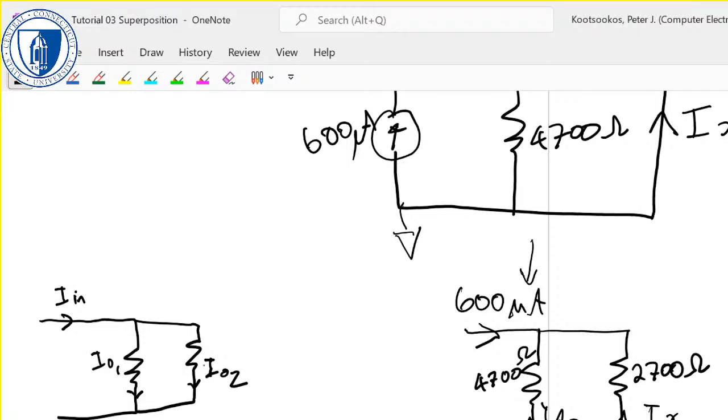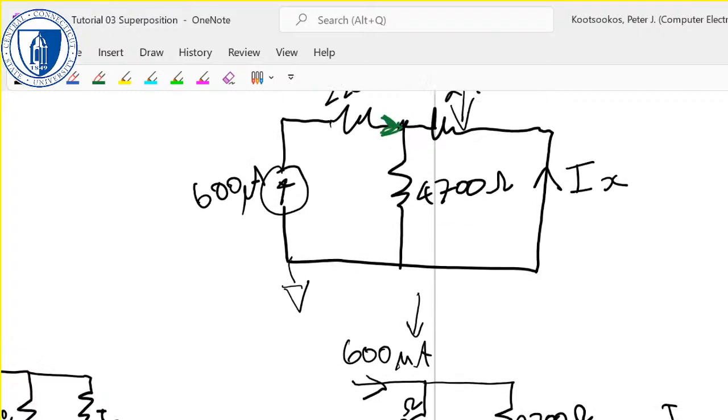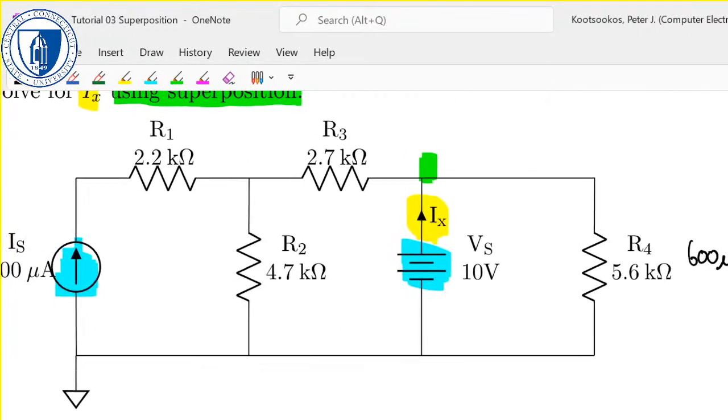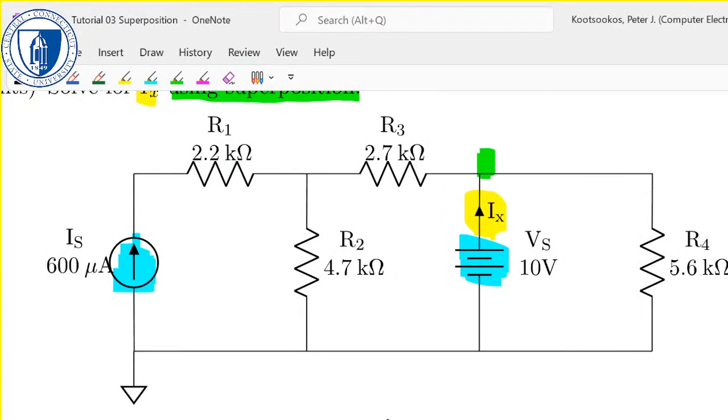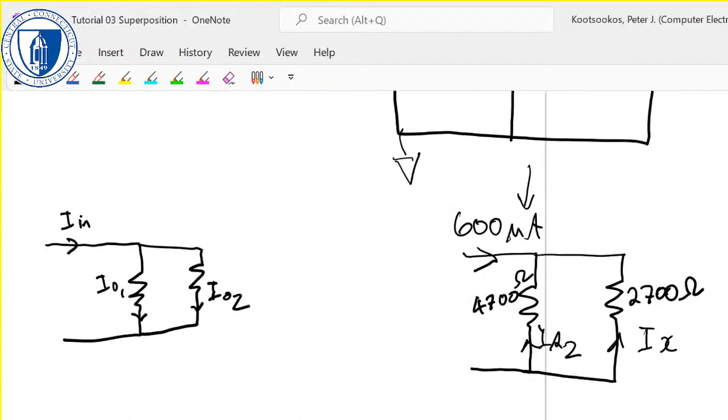One way to get around that is to know that Ix plus IR2 equals 600 microamps. That's Kirchhoff's current law. What goes in must come out. So Ix, now remember, this is the first one. We've removed Vs. So I'm going to call it Ix1.